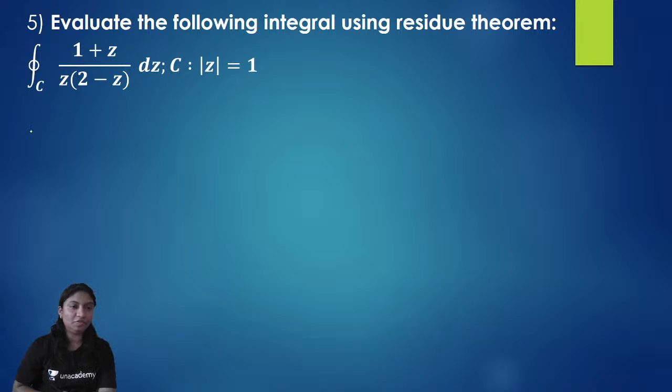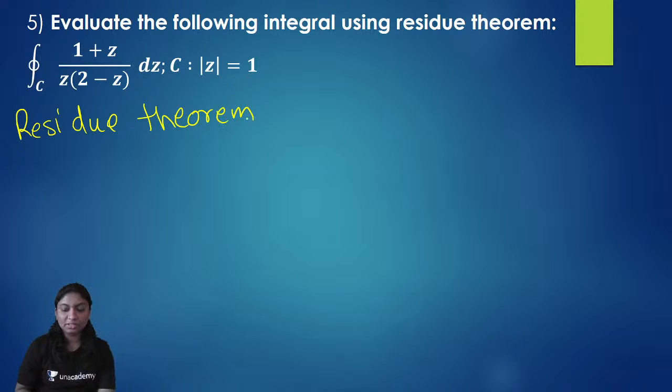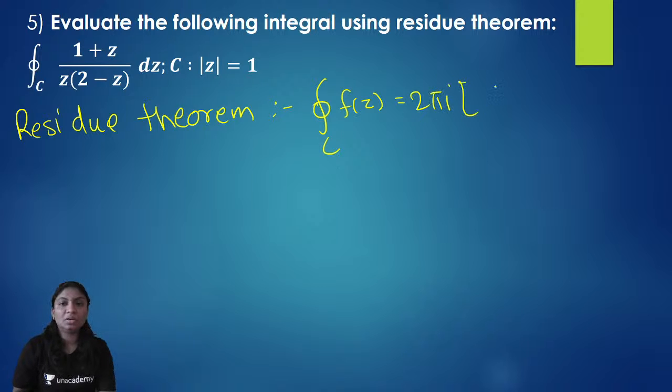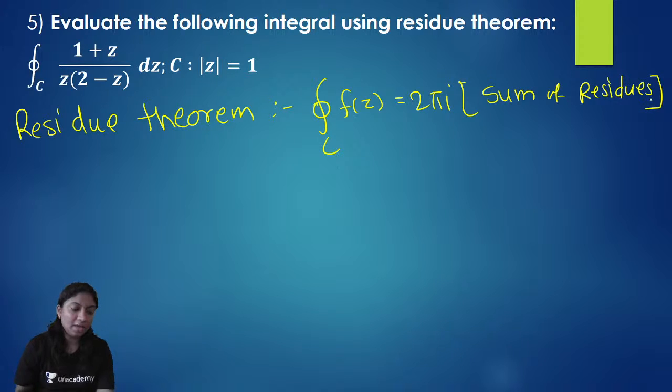The closed integral over C of f(z) dz is 2 pi i into the sum of the residues at z = a.